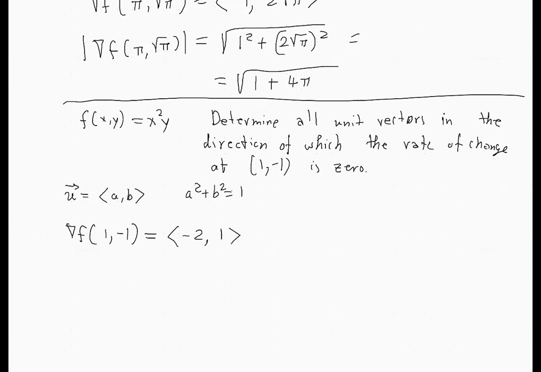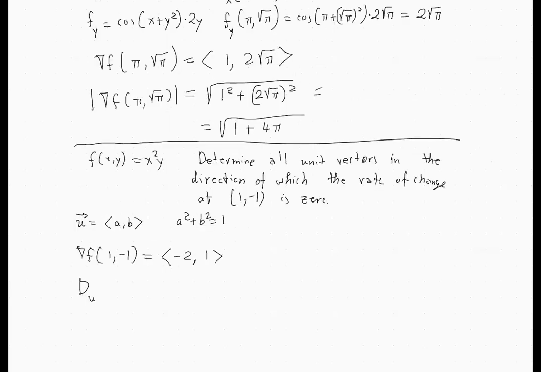So the rate of change now, which is the directional derivative, that's what the directional derivative is, will be the dot product of the gradient with a specific unit vector.